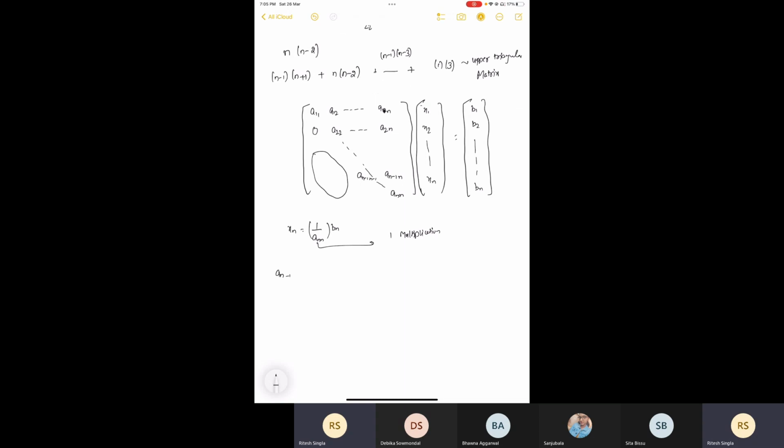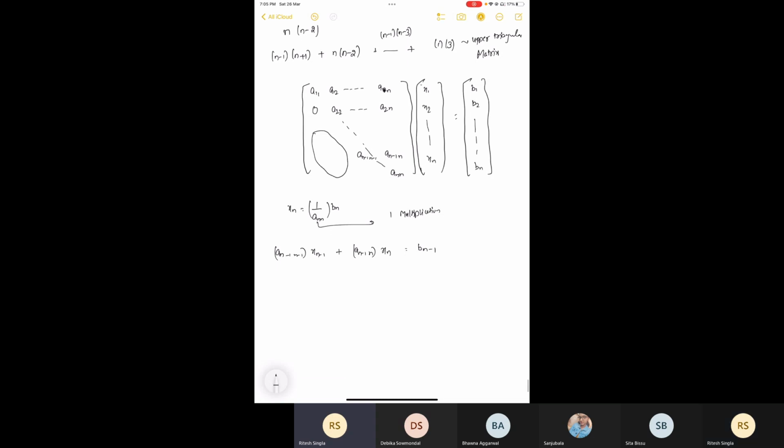Also, an minus 1, n minus 1 times x of n minus 1 plus this term an minus 1, n into xn. Xn you have already found out. It is equal to bn minus 1, right? So x of n minus 1 will be 1 upon an minus 1, n minus 1 into b of n minus 1 minus this entry.